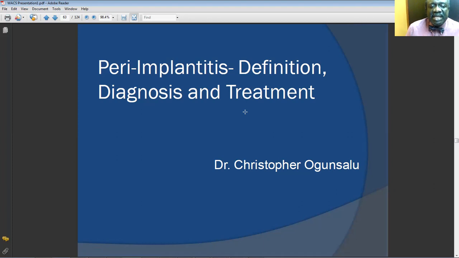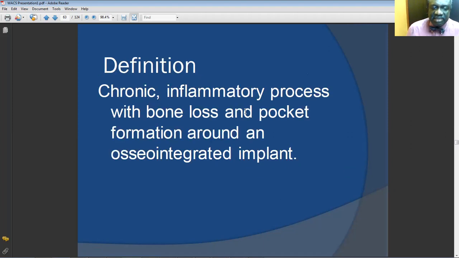But over the years, a lot of literature has been documented as peri-implantitis, and as such, we continue to call it peri-implantitis. So when you come to the exam and you see peri-implantoclasia, it is for you to identify that peri-implantoclasia is the same thing as peri-implantitis.